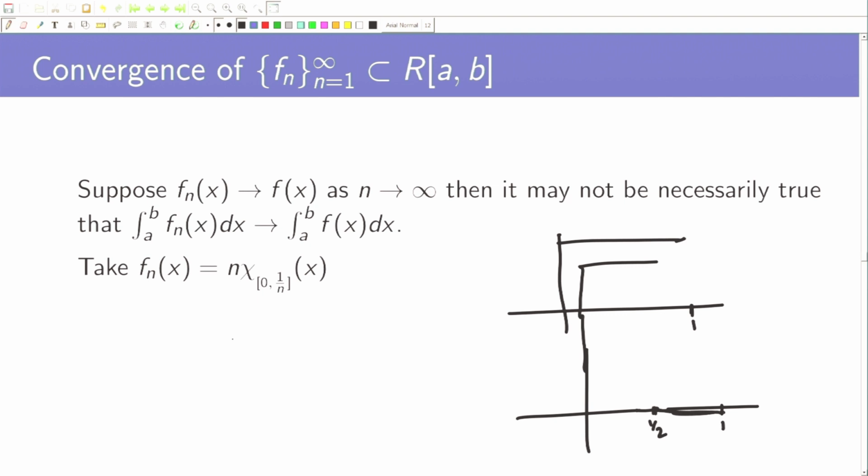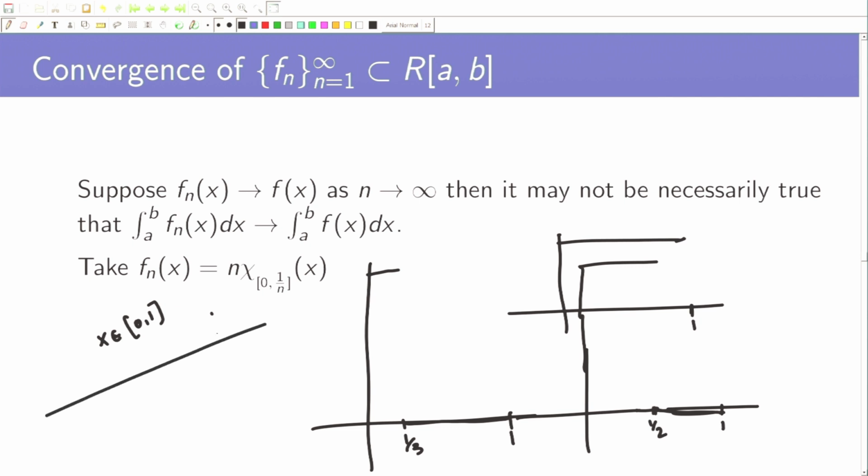Similarly, f_3 you can define: if it is 1/3, then here it is taking the value 3, then 0 up to 1. So, now where does this function converge? Now, I take an x in [0, 1].